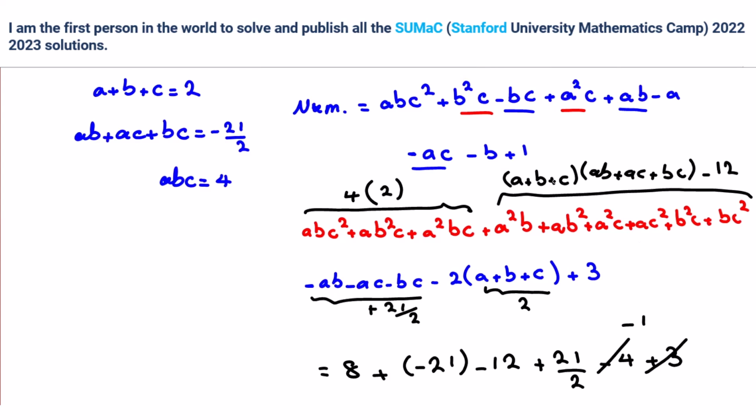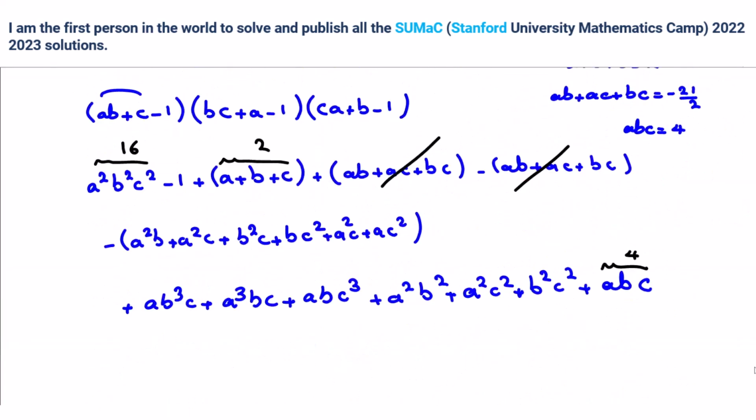So it was what? The product was what? Minus 2, 33, minus 21, minus 12, which is what? Minus 32? Minus 33, right? Yes, good job. Minus 33.